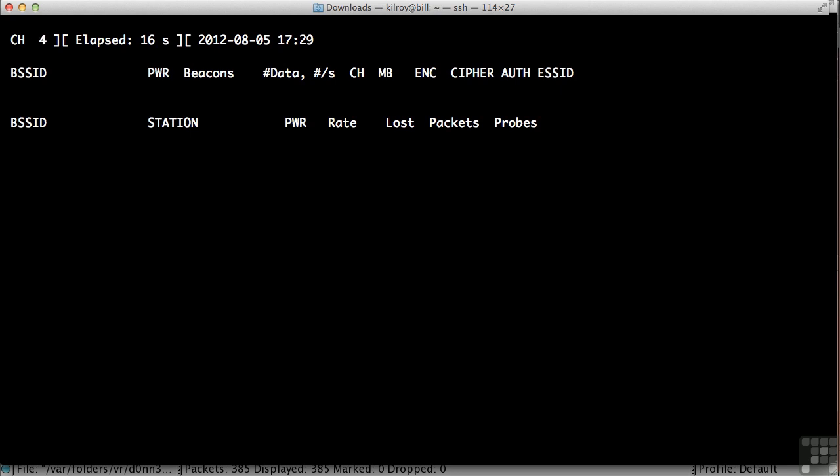With Wireshark, I have to be connected to the network in order to actually get packets from it. So it's like I'm plugged into it even though it's wireless. Here with AeroDump, what I'm doing is grabbing all of the Wi-Fi packets that are coming over the air, and I don't really care whether I'm attached to the network or not.